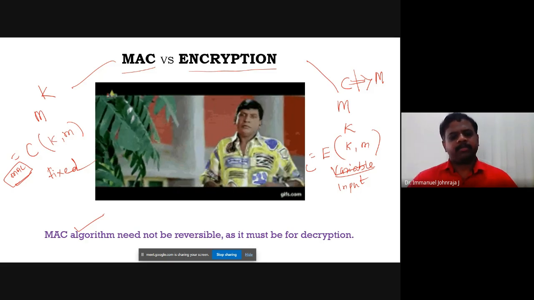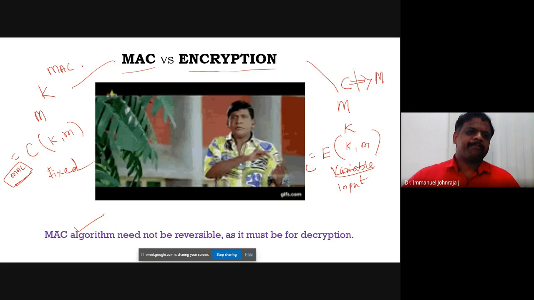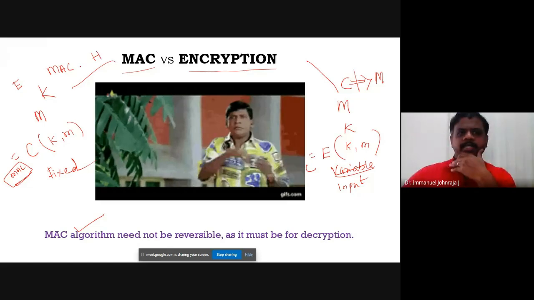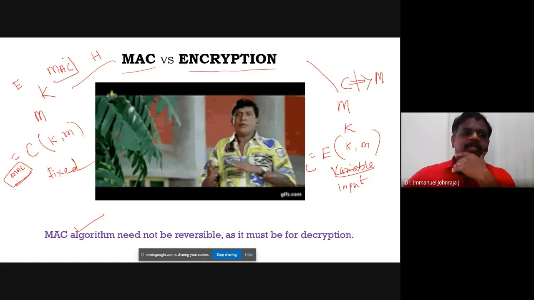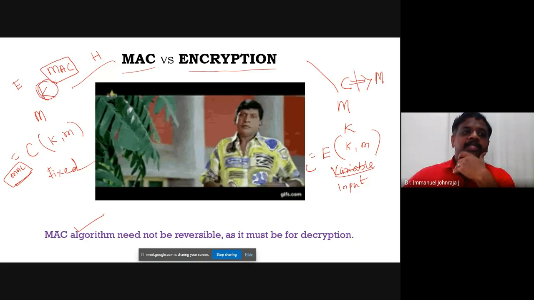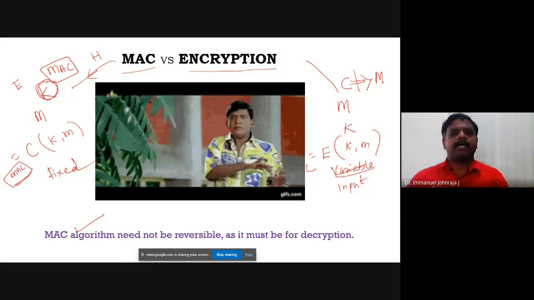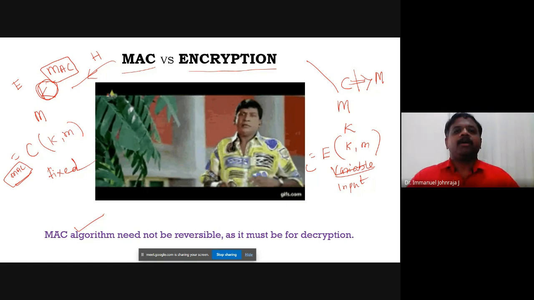So probably if I say MAC has the property of encryption and the property of hash, how can I say that? What does it take from encryption? It uses the key. What does it take from hash? It is irreversible. So you can place MAC between encryption and hash algorithms, technically, for having a lot of benefits out of it.